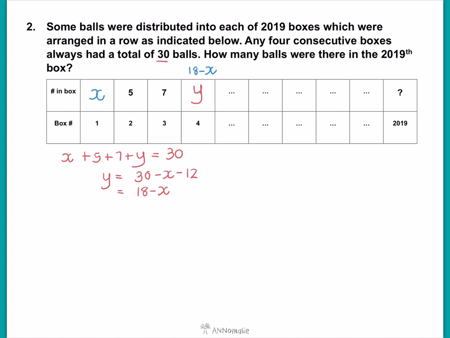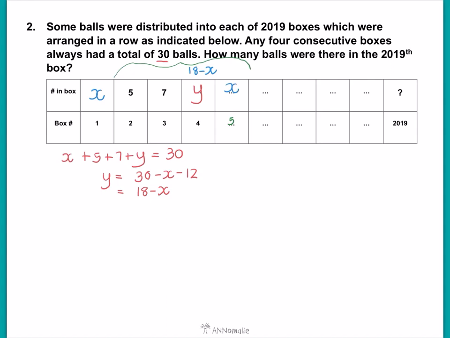Now we've established the first 4 boxes. If I look at boxes 2, 3, 4 and 5, so let's make this box 5. I know that these boxes, 5 plus 7 plus 18 minus x plus this box must equal 30. Therefore, this box is equal to x once again.